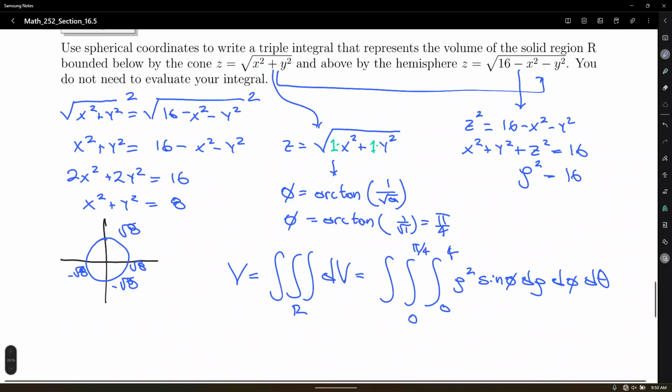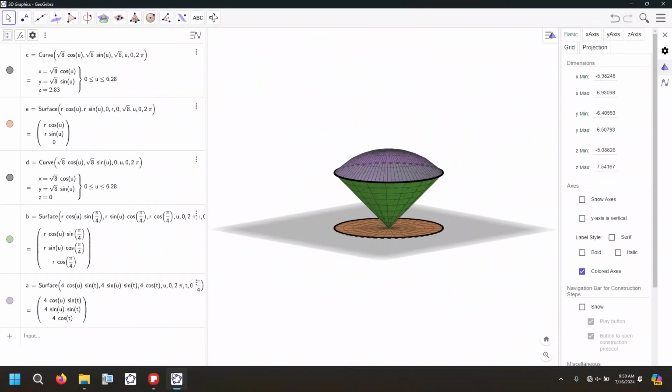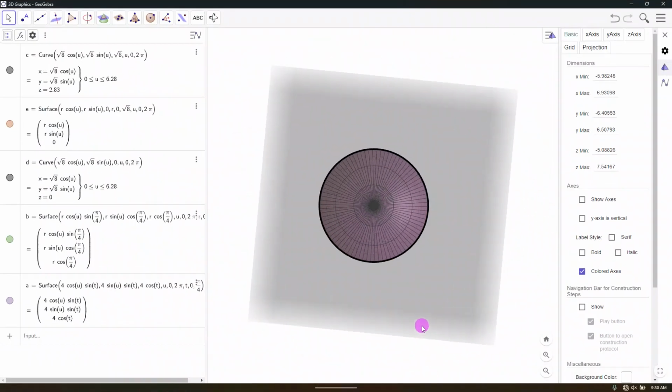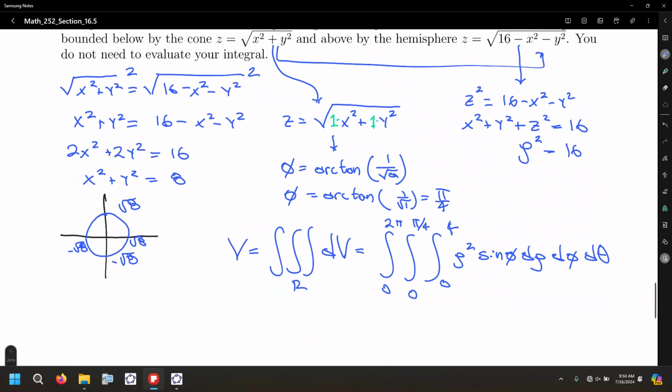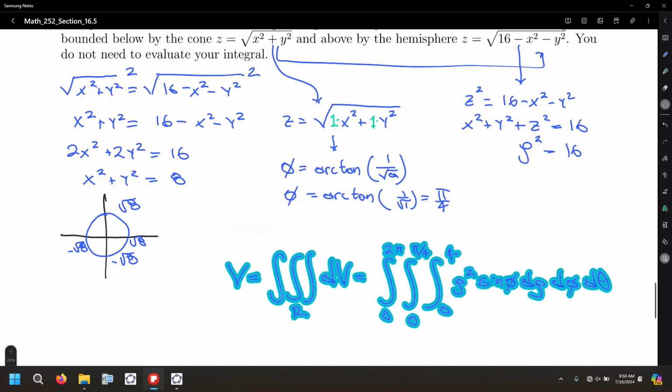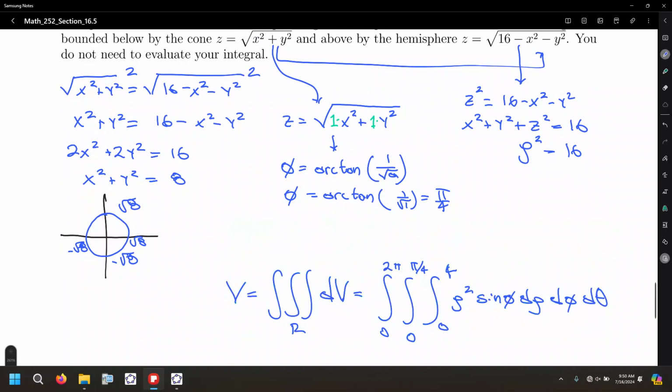And lastly, what about the polar angle? Here we look at the projection onto the xy plane, which is 0 to 2 pi. That's all it is. In this case, they're only asking us to set up the triple integral. By the way, let's write the domain of integration in set notation.